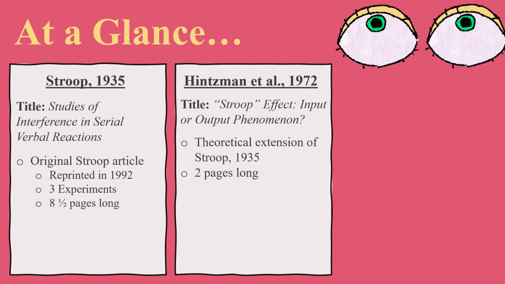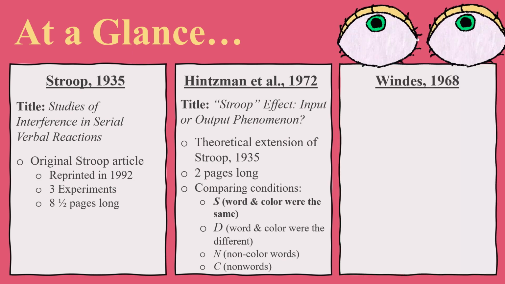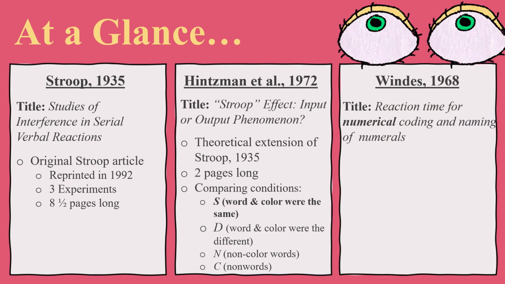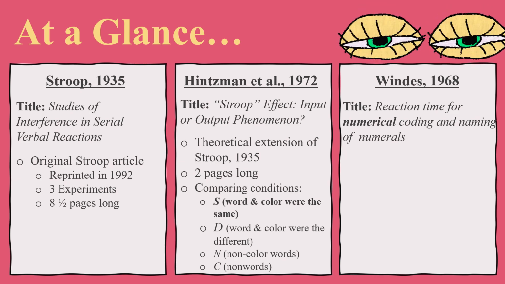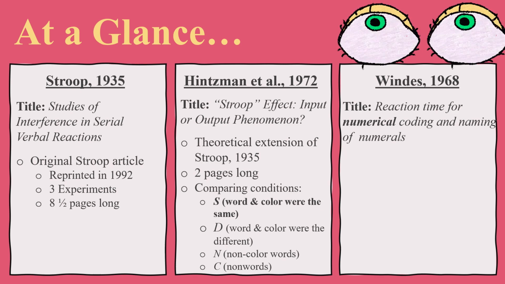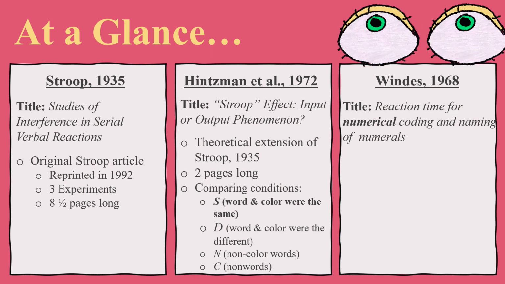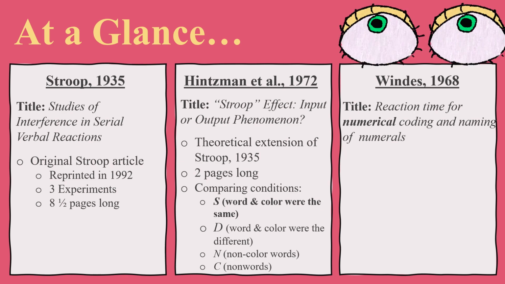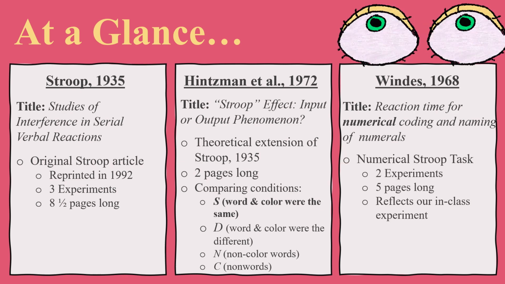Heinzmann from 1972, Stroop effect, input or output phenomenon, and then there's this Windes one, if I'm pronouncing it correctly. That is called reaction time for numerical coding and naming of numerals. So it's very similar to the experiment that you guys did in class.